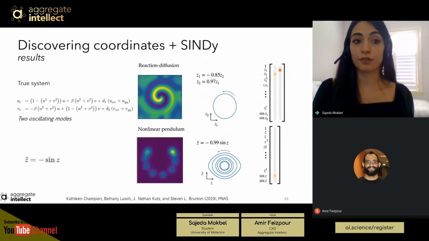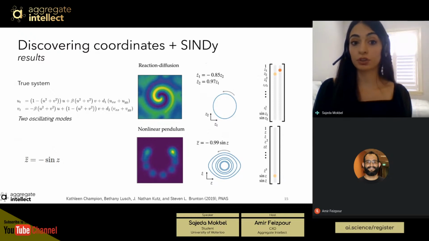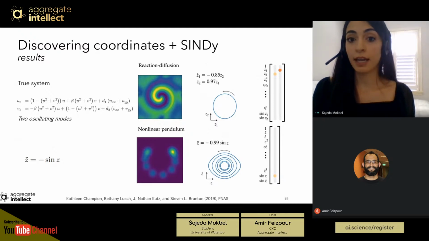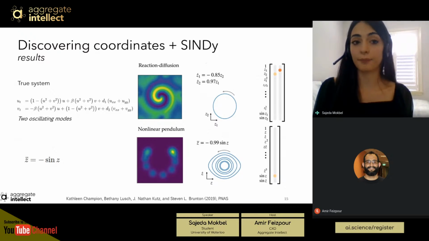And these are some of the results for the systems I showed you earlier. So it's pretty cool. I think it got pretty close to what the actual underlying dynamics are. So using just a bunch of high dimensional measurement data, it was able to predict close dynamics.